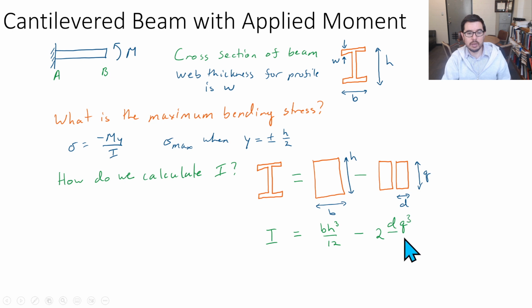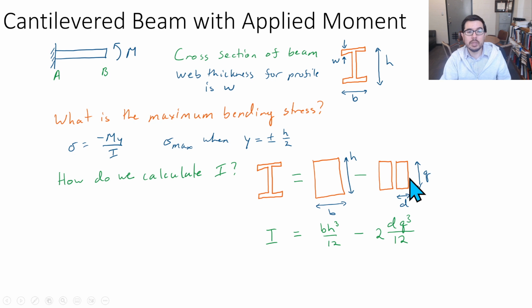Ask yourself that question. You're like, wait, but these are off-centered. This is off-centered from here. But notice, the centroids of all these objects still lie on the neutral axis. Like if I were to draw a neutral axis right through here, the centroids are all still there.